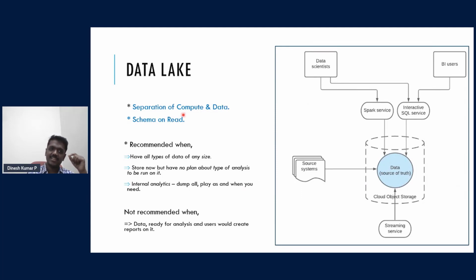Again, in the data lake, the compute is going to be separate. You can scale the compute as and when needed. But the advantage is the data will be as it is from the source system. In what kind of format you are going to send it into the data lake, it will be in the same format. There will be no vendor lock-in or no conversion at all.